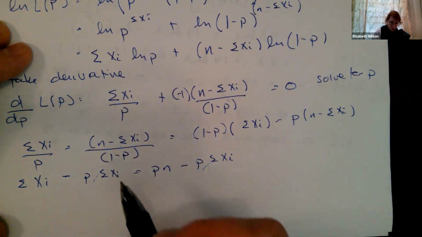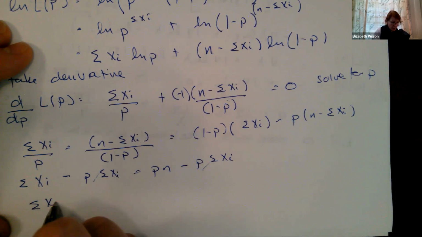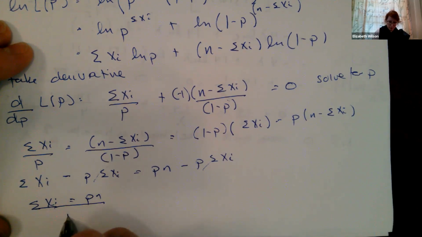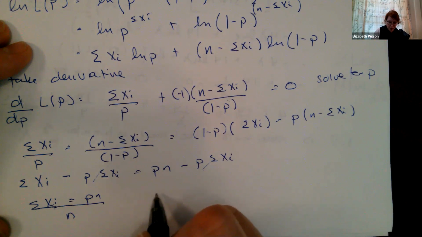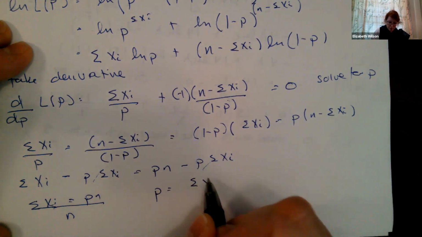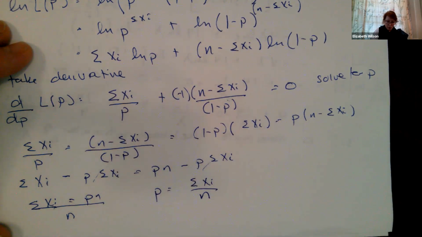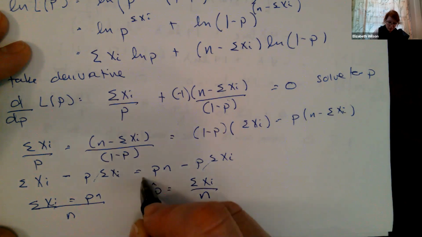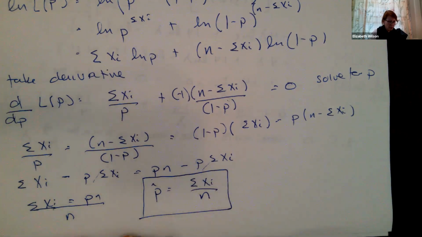Now I can just solve by dividing by n, so I'm going to get p is equal to the sum of x sub i over n, which is our maximum likelihood estimator. It's really just the average of all of our values, summing up all those values and dividing by the quantity.